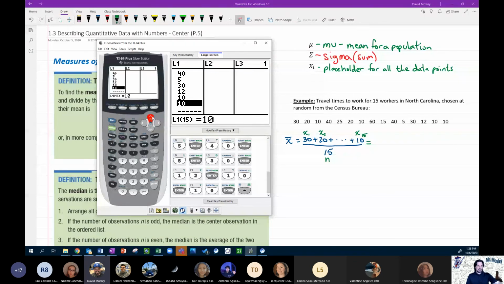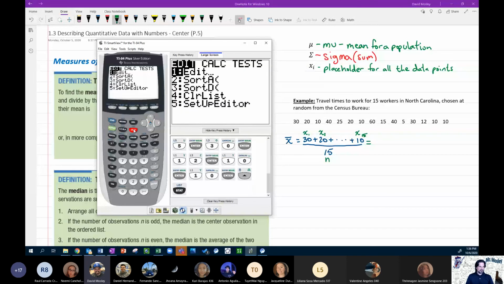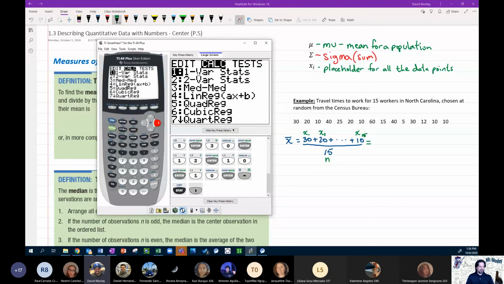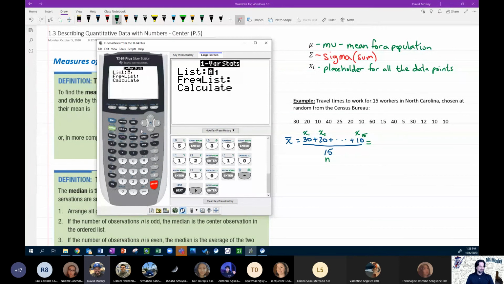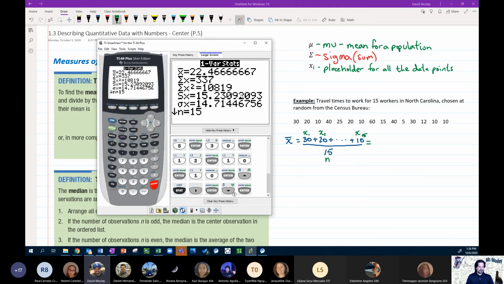Now that I have my list put in here, I'm going to go back into Stat and say, hey, I want to calculate some stuff. I'm going to click over to Calculate, and I want the one variable statistics, this first option here. I'm going to be referencing list L1, so I don't need to change that. And I don't need to change anything else. Enter on Calculate. It's going to think for a second, and boom, I get all this information.